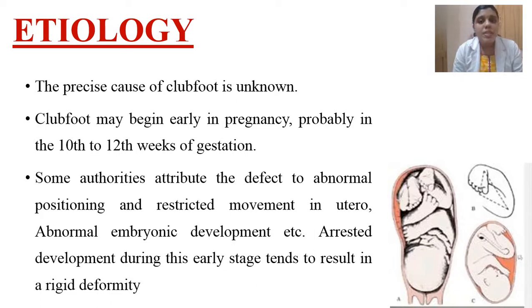In situations like multiple pregnancy, there are multiple fetuses inside the uterine cavity, so there is less space for the fetuses to occupy. This is also considered one of the major reasons for the development of congenital clubfoot. This arrested development can lead to major deformities in the foot.